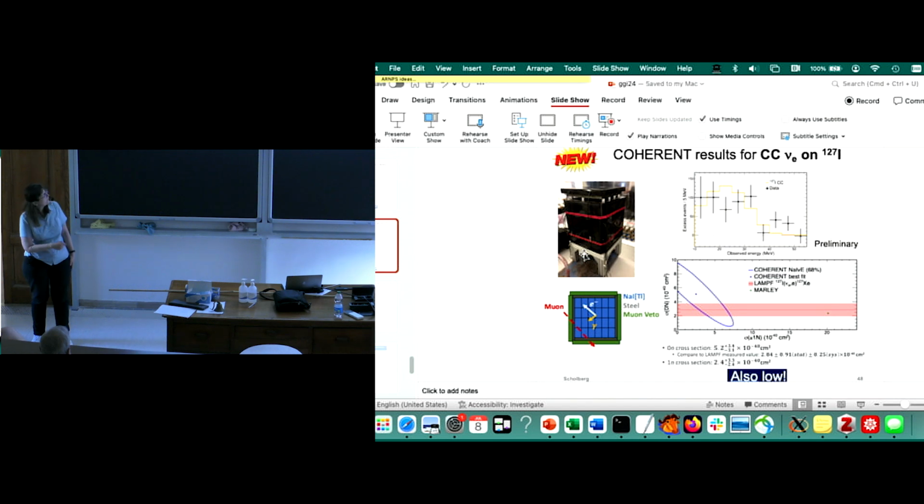Yep. And so in fact our measurement on iodine 127 is also low. Actually, the neutron emission cross section is low. By fitting the energy spectrum of the lepton, we can actually gain some information on the 0 and 1 neutron emission.